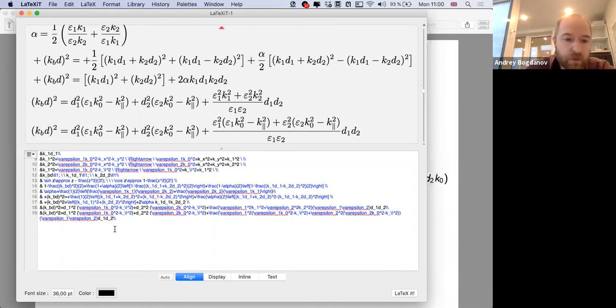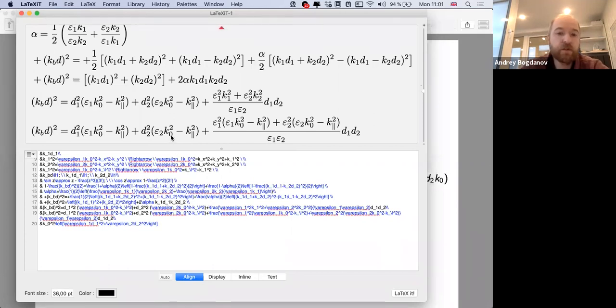Or maybe I will just directly write what I will have: k naught square, left, right. d1 square, epsilon 1, epsilon 2, d2.